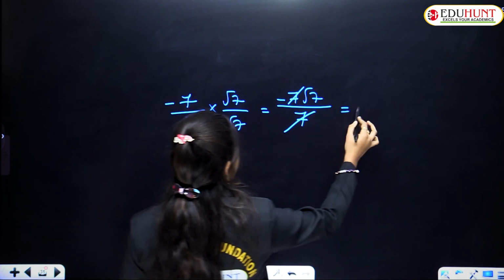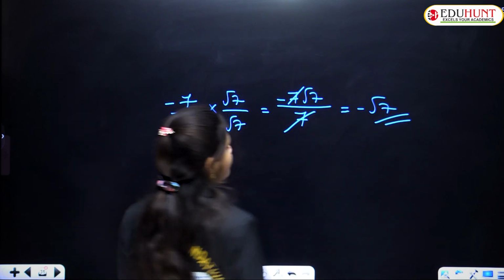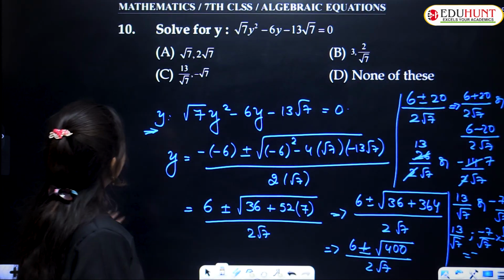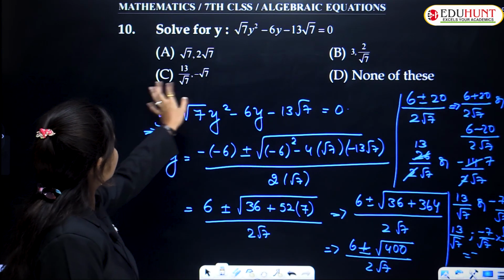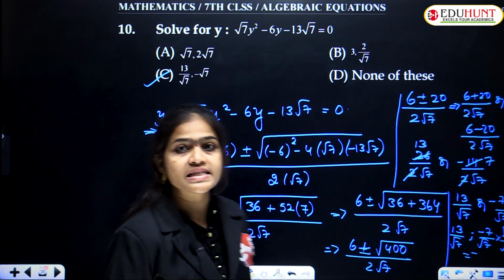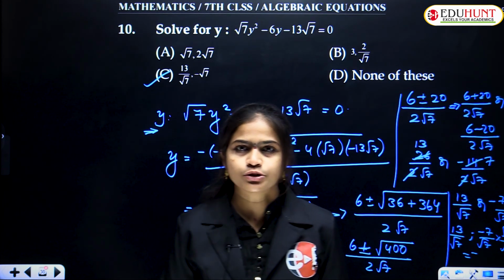So 7 and 7 get cancelled. So the value is minus root 7. Understand? So the options are 13 by root 7, and the other one is minus root 7. So which option is correct? Option C is correct. Am I clear to you?